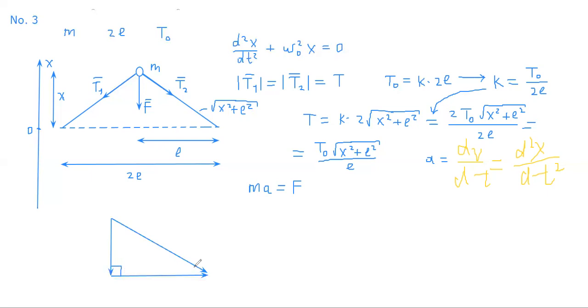Here alpha, this is T2, this is Fx, and this is F, this is Fy.